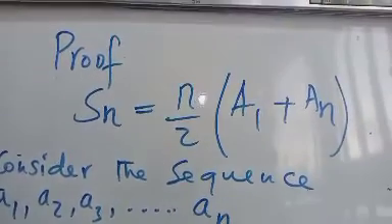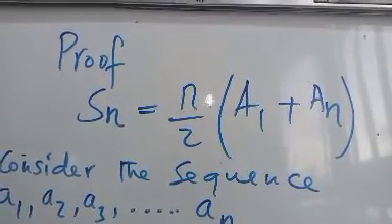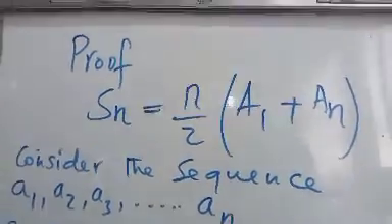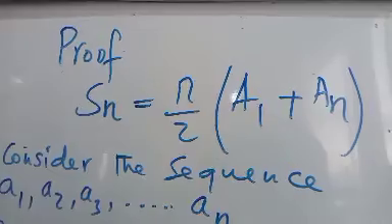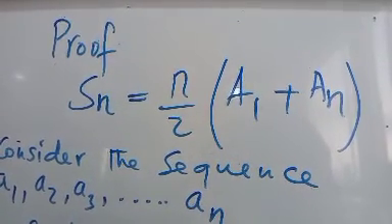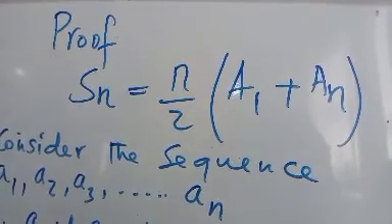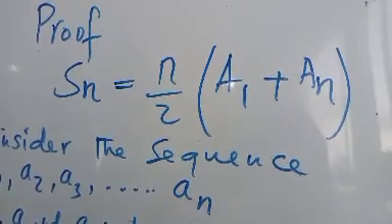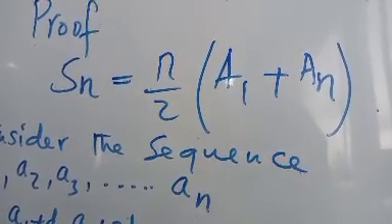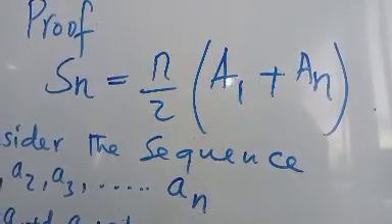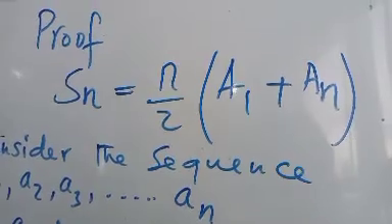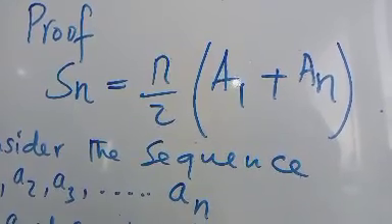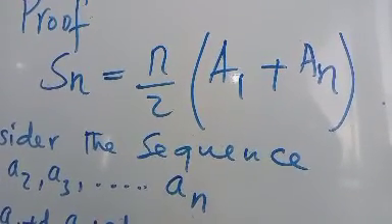Okay, we know that the sum of n terms of an arithmetic series is given by Sn equals n divided by 2, open the bracket, a1 plus an, close the bracket. a1 is the first term of an arithmetic series, and an is the last term.